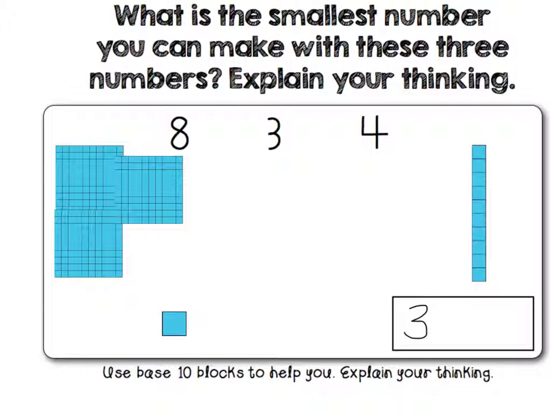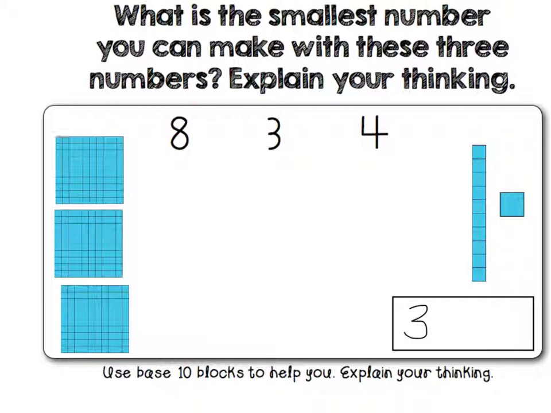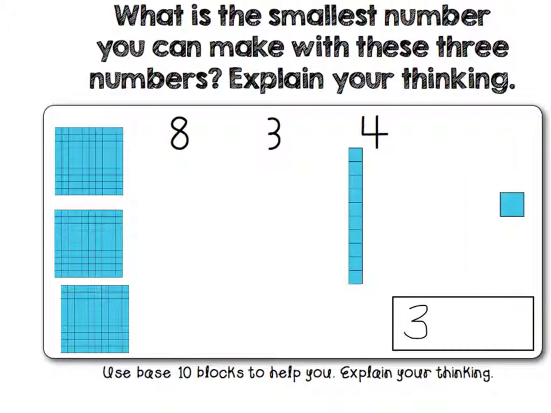Now I need to look at the next place value, which is the tens place. There again, I'm thinking about what is the smallest number. Remember, hundreds have the largest value. Tens has a larger value than the ones.